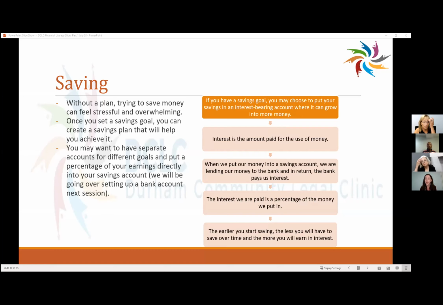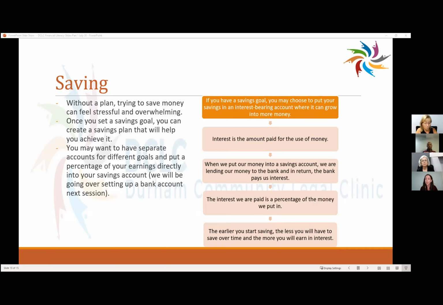But if you can create a savings plan, it can relieve some of that stress. Relating to our previous discussion on goals, once you have a savings goal, such as saving enough for a new appliance, you can create a savings plan that can help you achieve it. In our next session, we're going to be talking a bit more about banking and opening up a bank account and stuff like that.